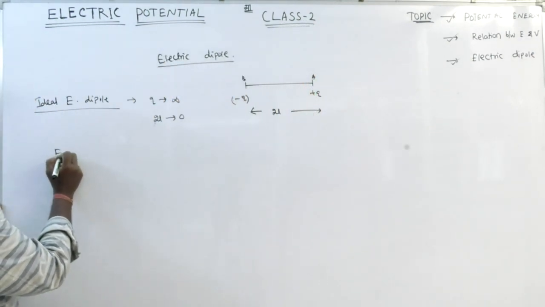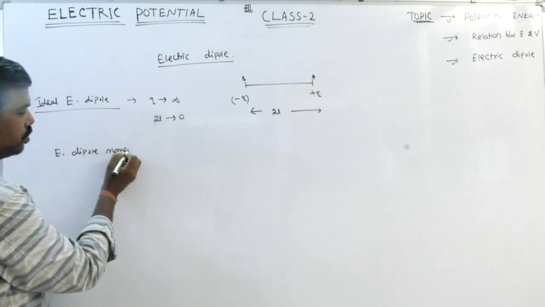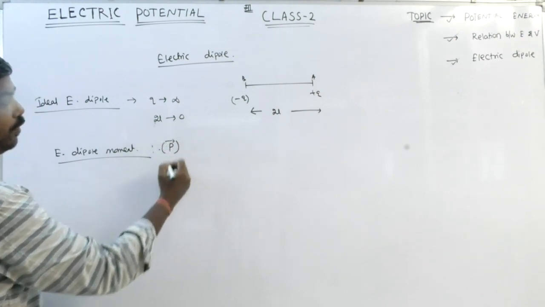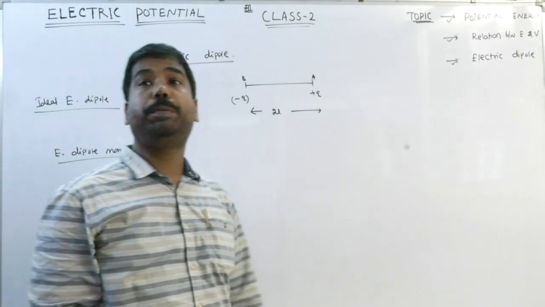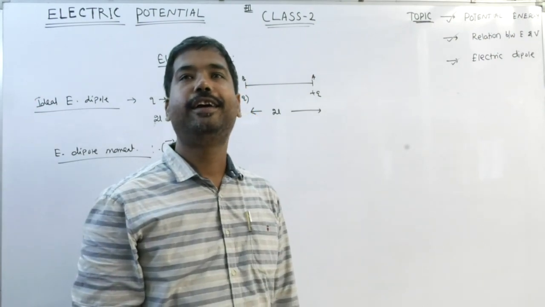Then, electric dipole moment. It is P vector. Electric dipole moment can be defined as the product of the magnitude of either one charge and the dipole length.